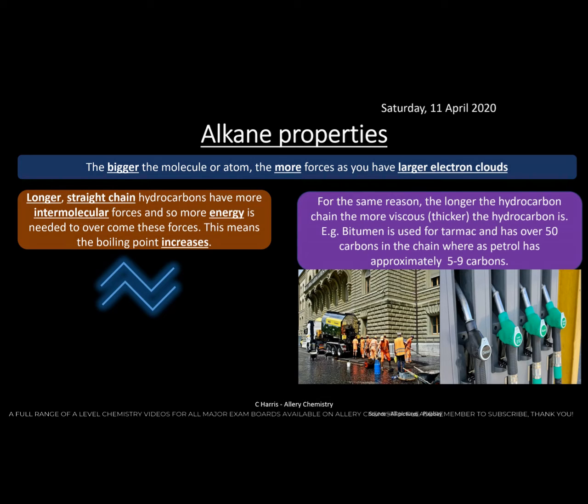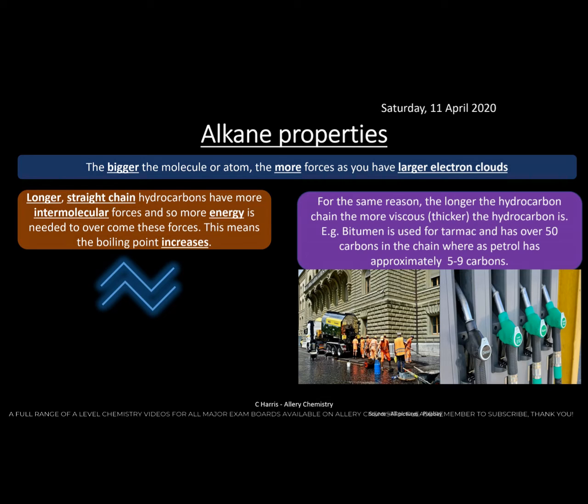So, for example, longer hydrocarbons are more viscous and thicker, because they need more energy to actually break them or turn them into a liquid or a gas. Bitumen, for example, is used in tarmac, and we know that tarmac has got carbon chains over 50, so they're really long chains, and we know that tarmac is quite thick.